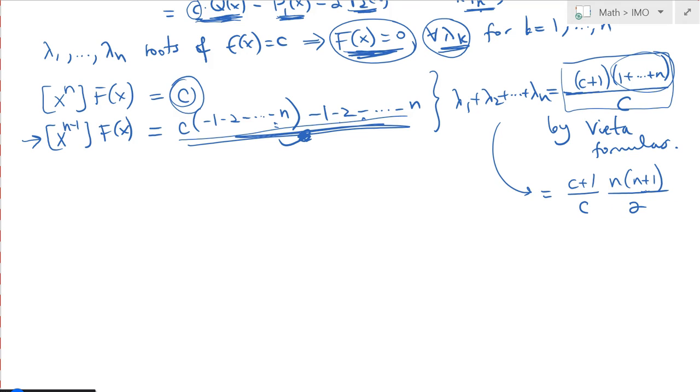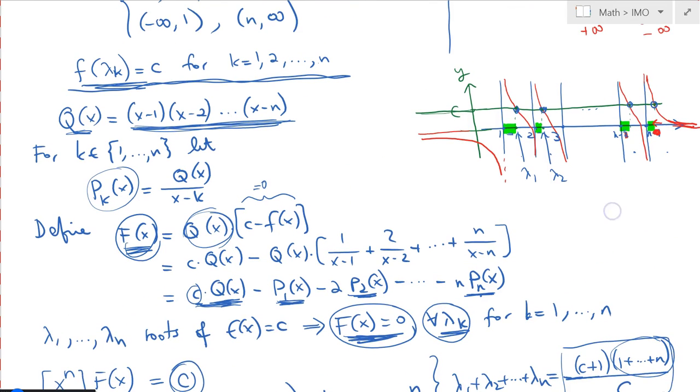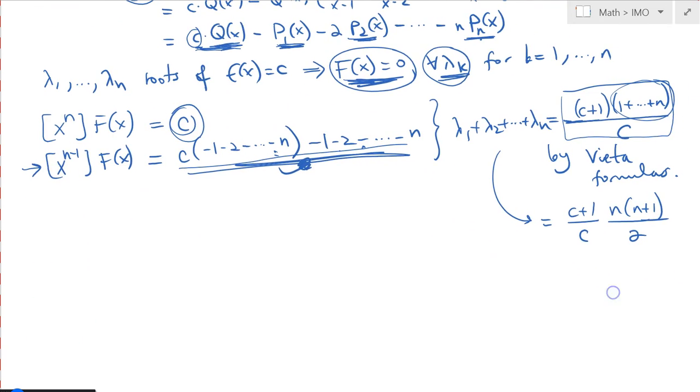And if you look at each of the intervals that I have just shown you, for instance, the first green interval is simply lambda 1 minus 1. The second green interval is lambda 2 minus 2, and so on. That's the sum that I need. So I need to find lambda 1 minus 1 plus lambda 2 minus 2 all the way to lambda n minus n.